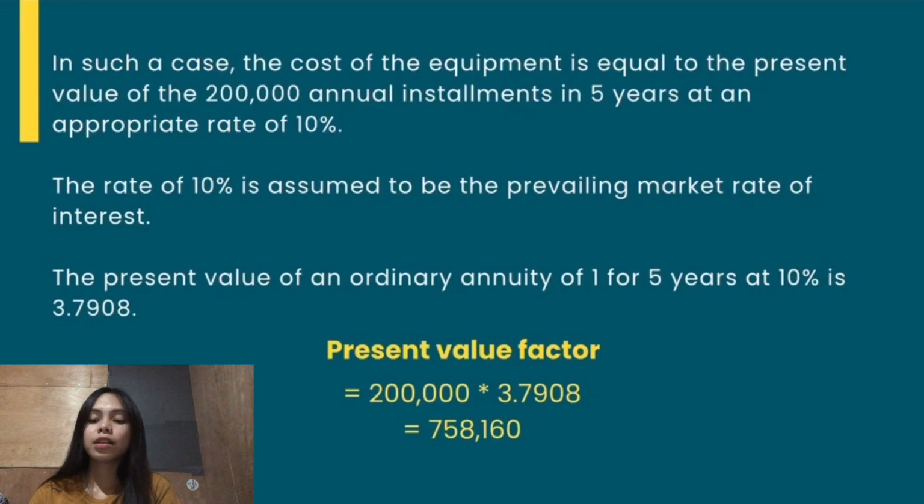Then we will get 3.7908. Therefore, the present value of the 200,000 installments is 758,160, computed by multiplying 200,000 by the present value factor of 3.7908.